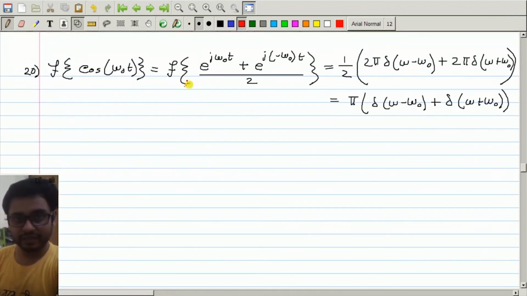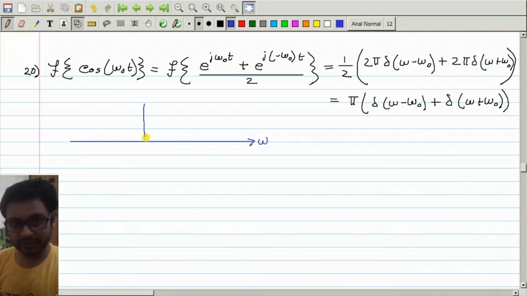Next, the spectrum of cosine omega naught t as a function of omega. So I am going to plot the Fourier transform of cosine omega naught t. Again we have two delta functions, one at omega equal to omega naught, another at omega equal to minus omega naught. Both of them have amplitude pi.